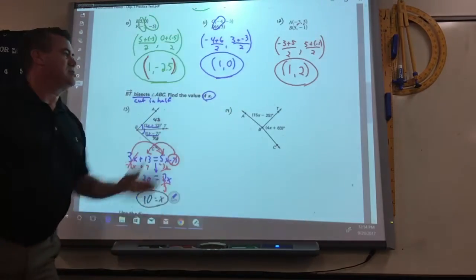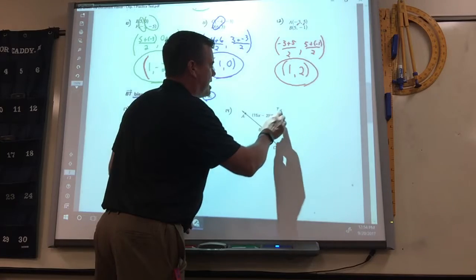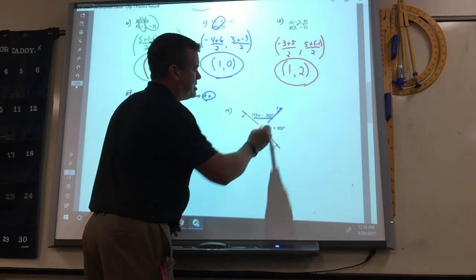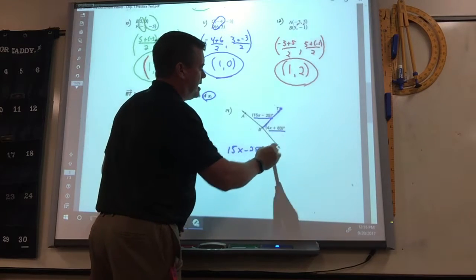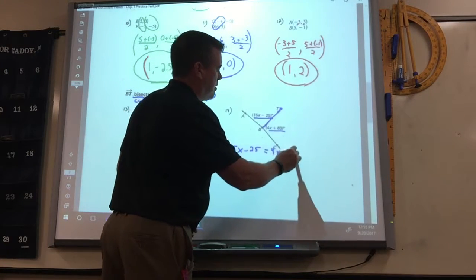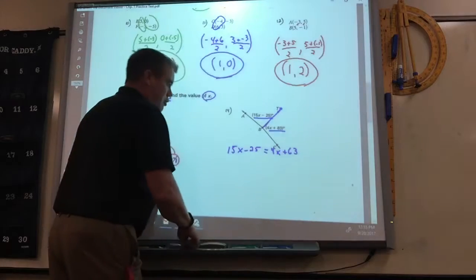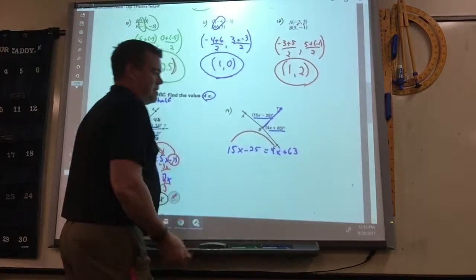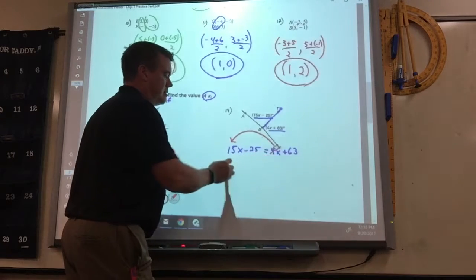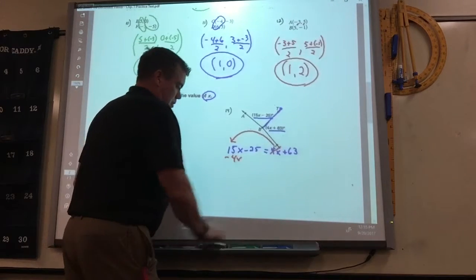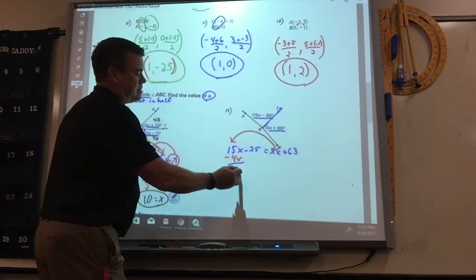So, same thing here. They're the same problems. This ray bisects this angle, which means this angle has to equal that angle. So get the x's together on the same side. If I brought the 4x over here, I'd have to subtract it. So that would make 11 x's.